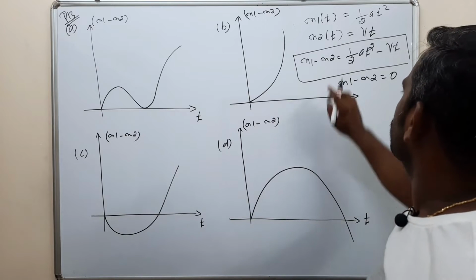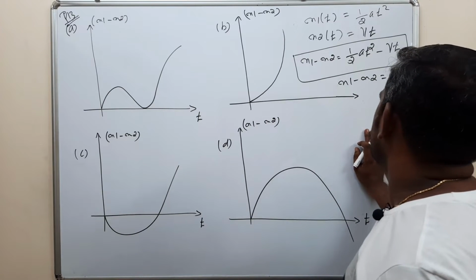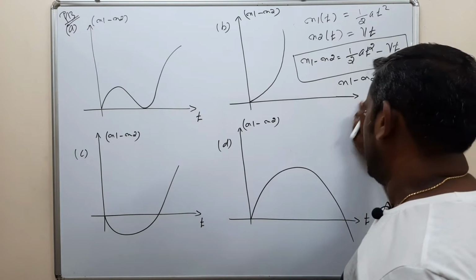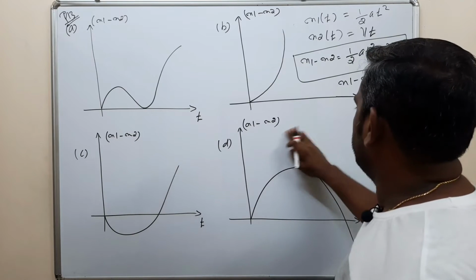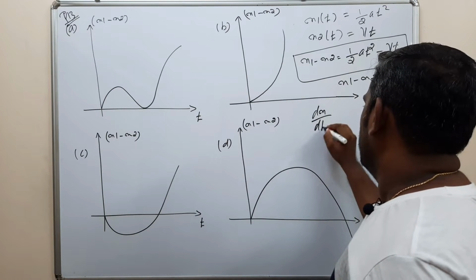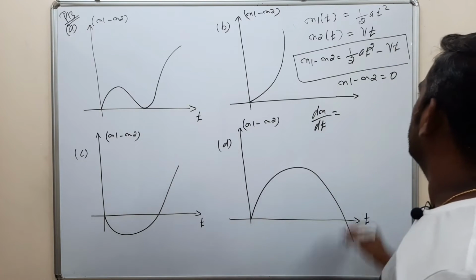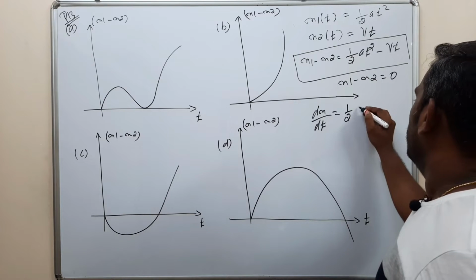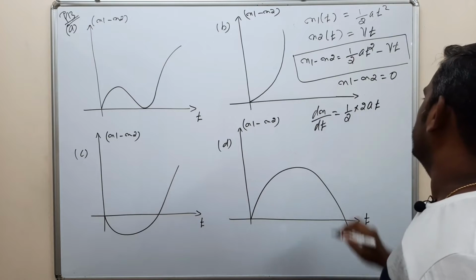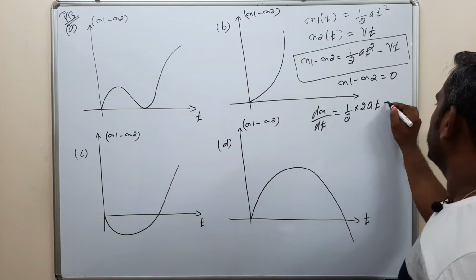x1 minus x2, half at square minus vt, is a function of time. Suppose I find the instantaneous slope, that is dx by dt. dx by dt is equal to half into 2 into at, minus v.